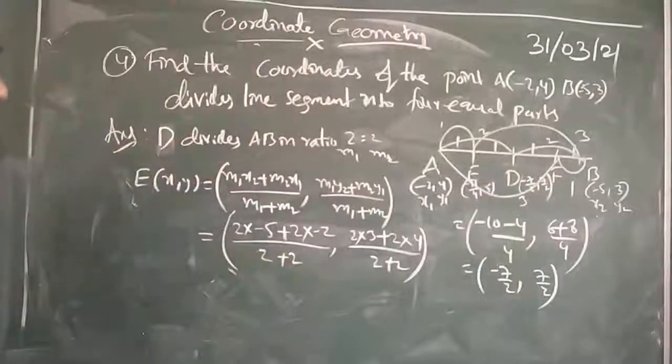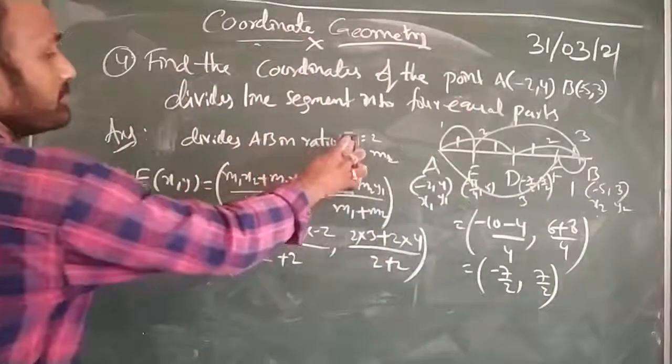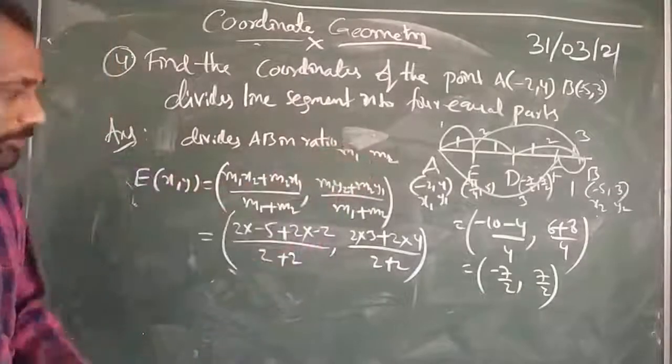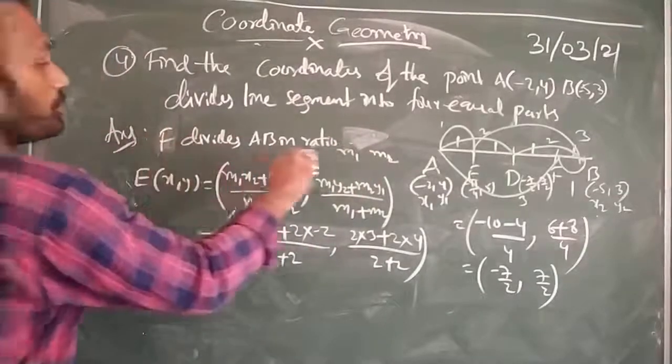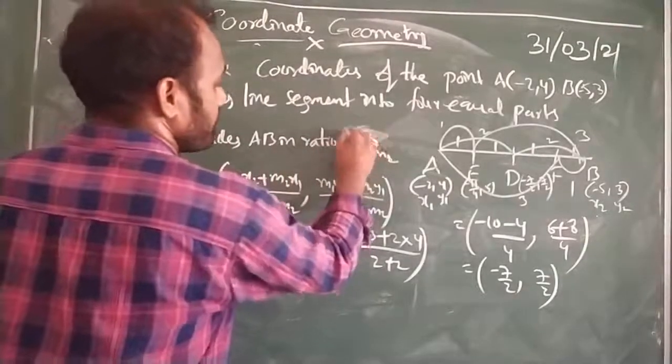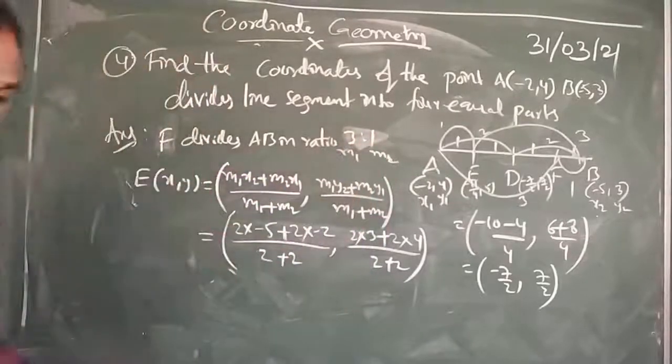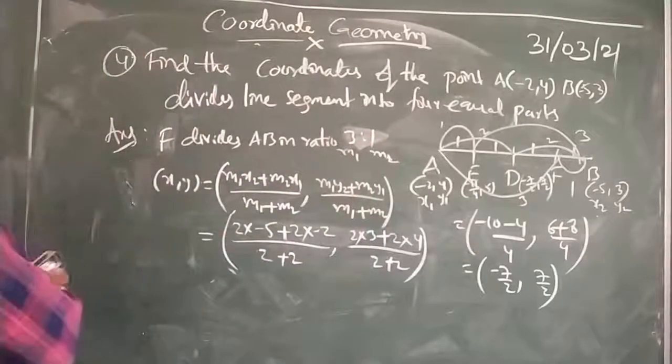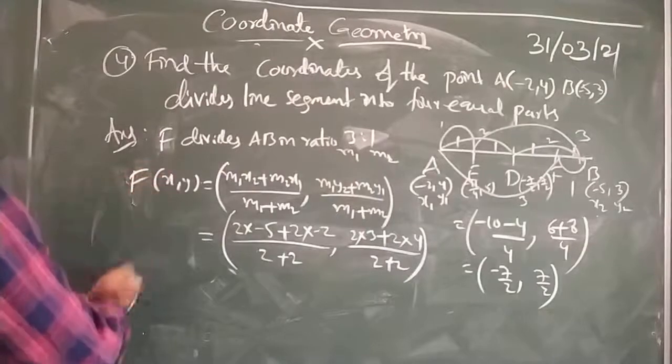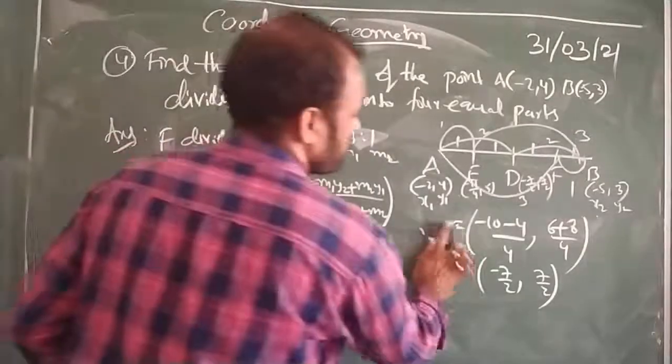Now to get the coordinates of F, F divides in the ratio 3:1. So here it is F. Let us substitute the values here.